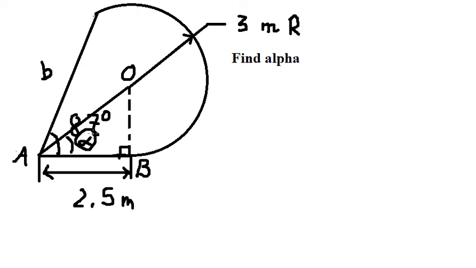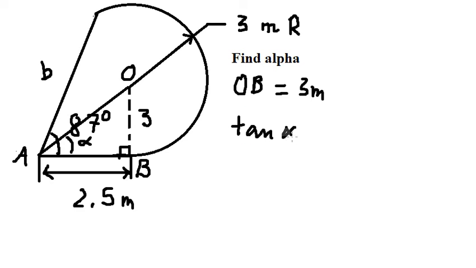To find alpha, we see that this line OB is the radius of the circle. So that means OB equals 3. So we put 3 in here. This one we have 2.5, and we can find tan alpha, that is opposite over adjacent.